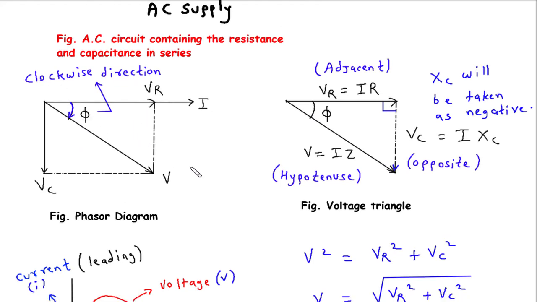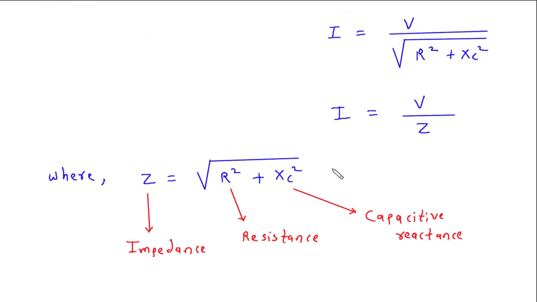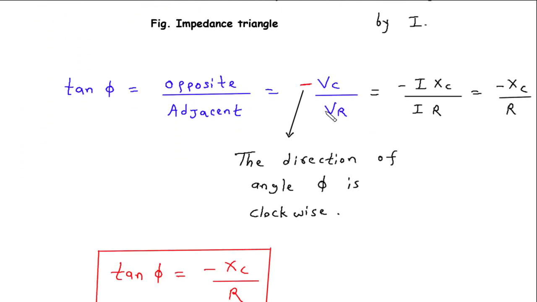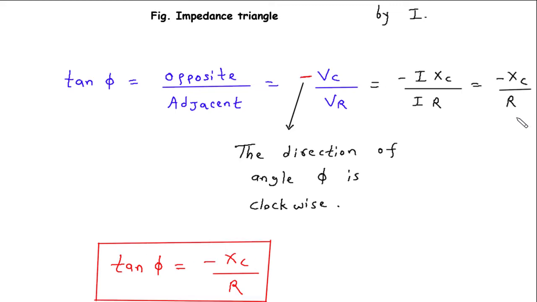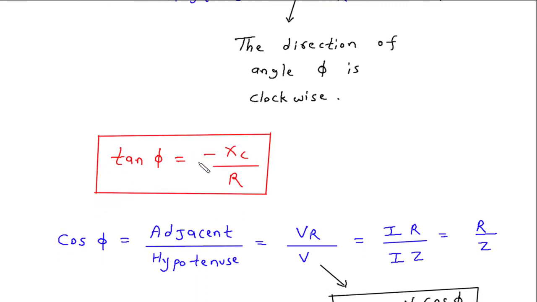So that's why this VC is taken as minus. So minus VC by VR, adjacent side is VR. Now VC is equal to I into XC, so minus I into XC divided by VR, which is I into R. This I and this I will get cancelled. So tan phi is equal to minus XC by R. This XC is the capacitive reactance.